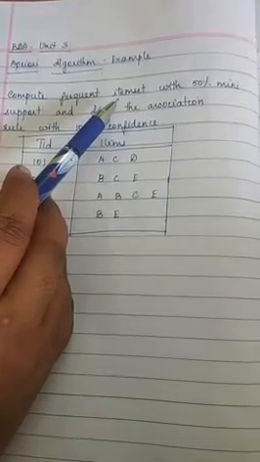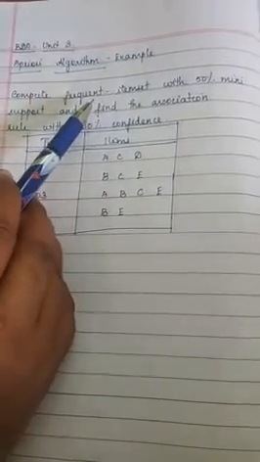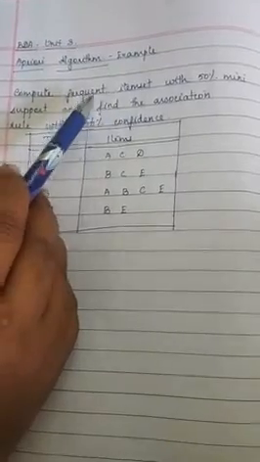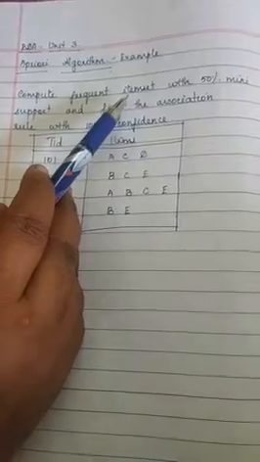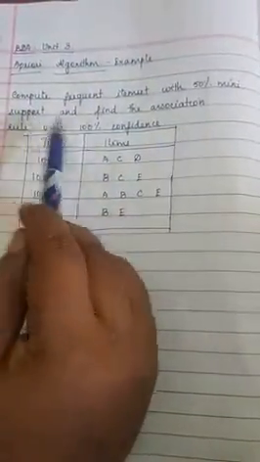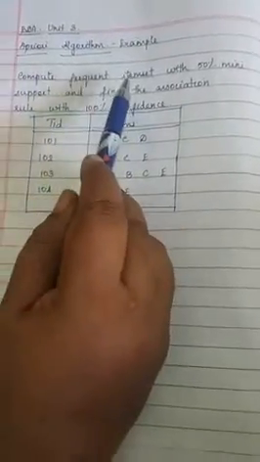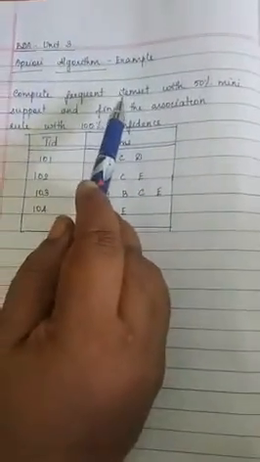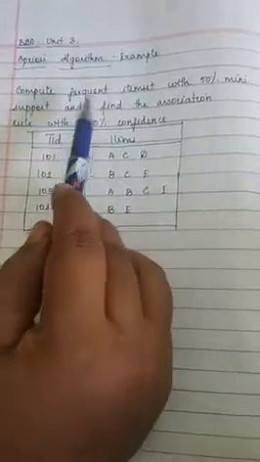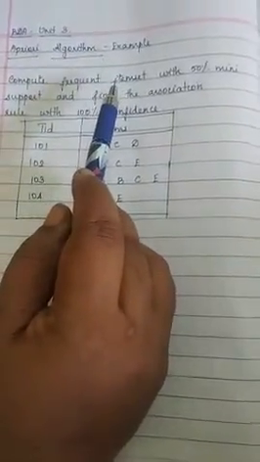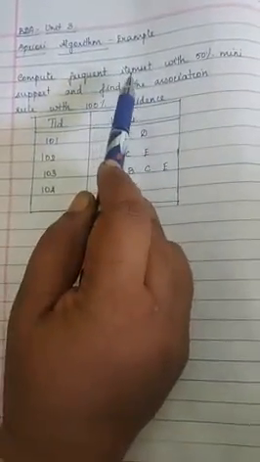Items that occur frequently form a frequent item set, or an item set that satisfies minimum support and confidence is called a frequent item set.